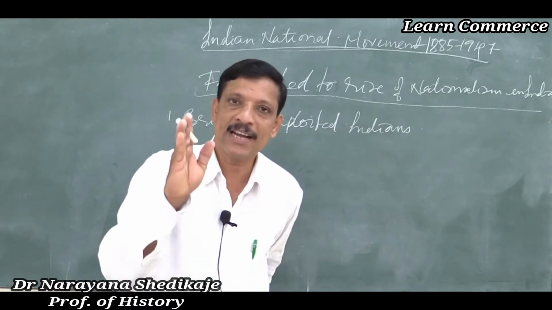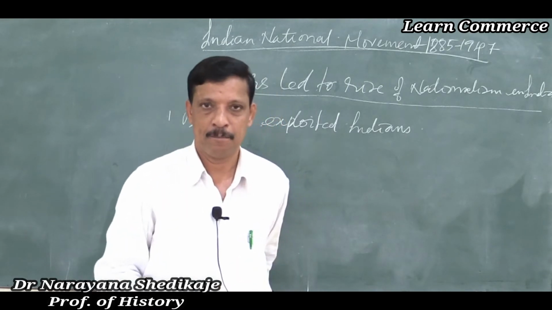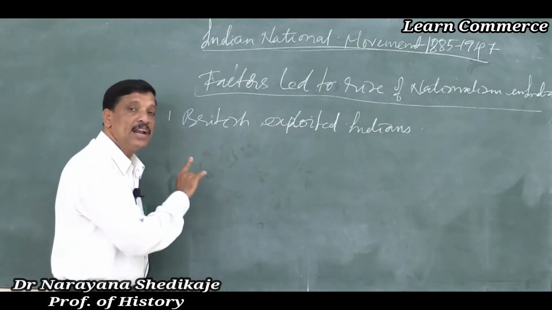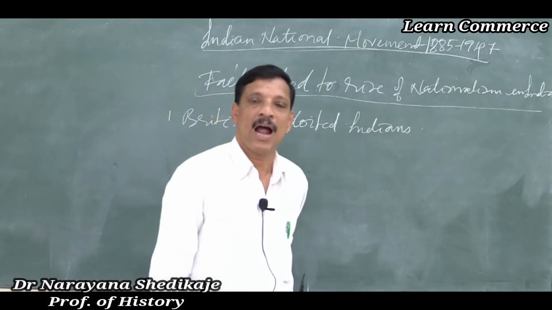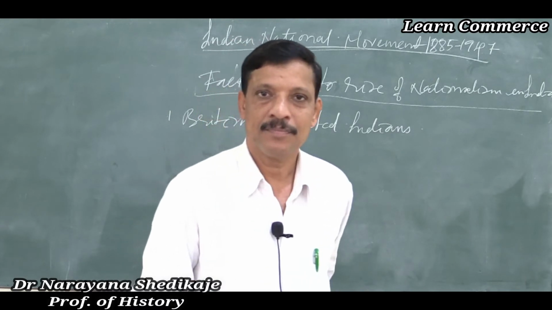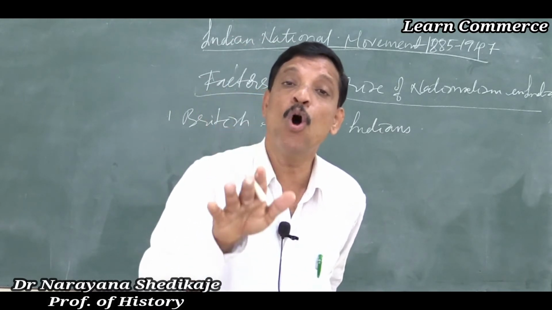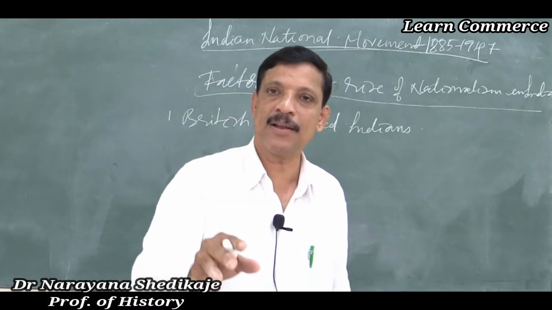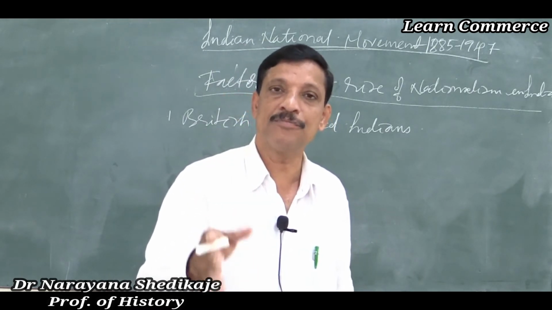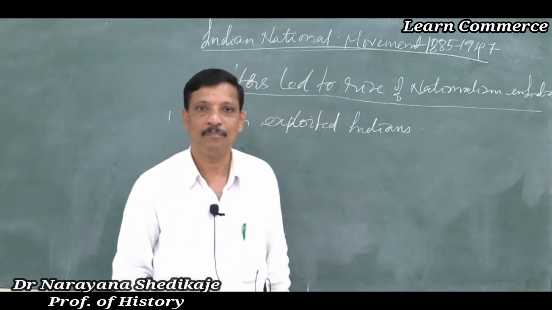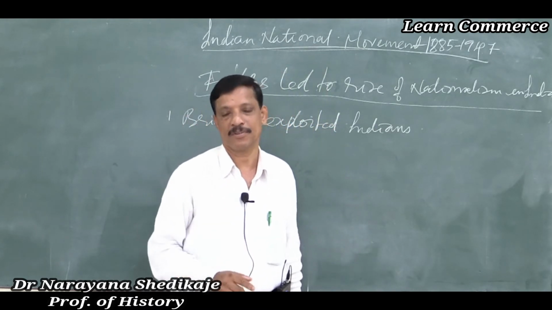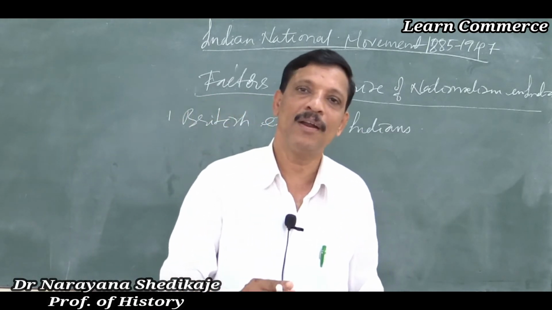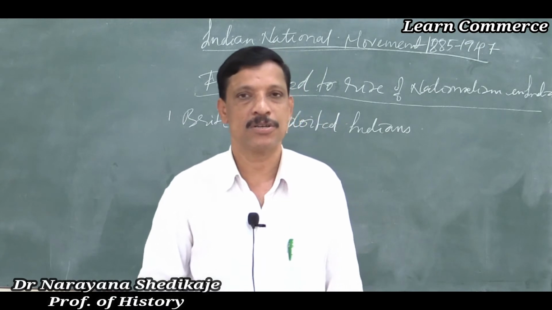In order to feed the industries of England, they collected raw materials from India, and these raw materials were paid very low prices, or Indians were compelled to cultivate the raw materials which they needed, for what? Lower prices. And all the natural resources of India were exploited by the British.